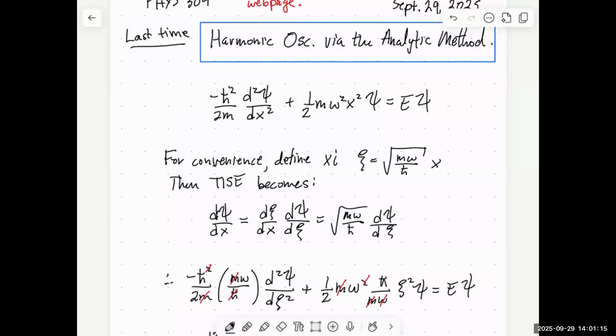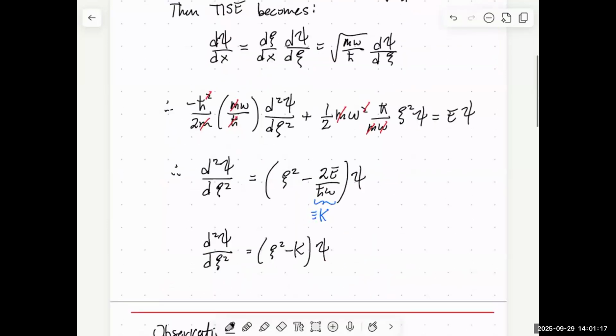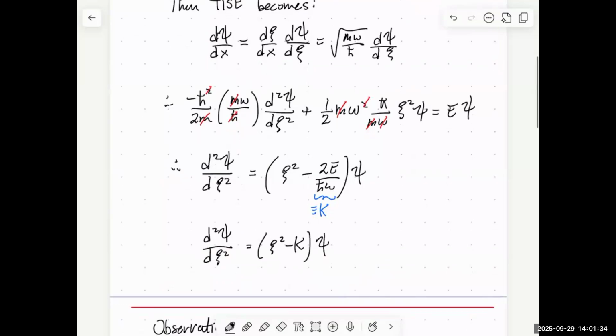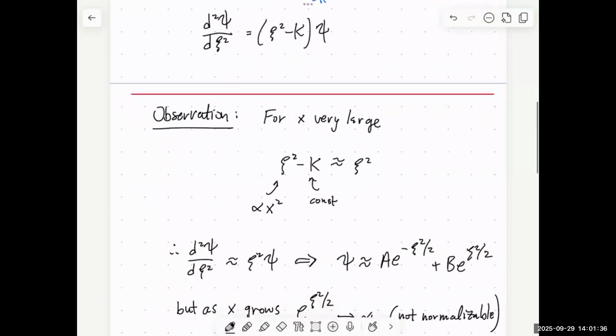And when we rewrite the time-independent Schrodinger equation in terms of z, we boiled it down to this, where we had to define another collection of constants, and that was k. It's proportional to energy. Okay, so our realization was, if we imagine going to very long x, x is proportional to z.